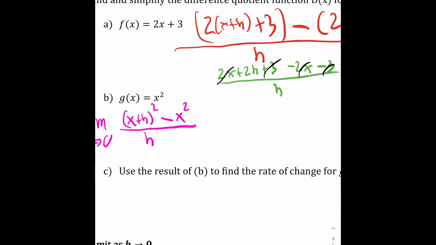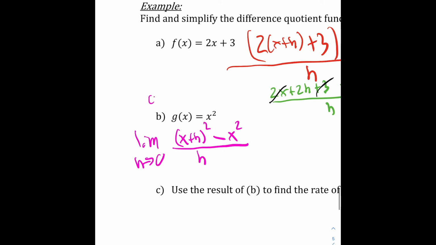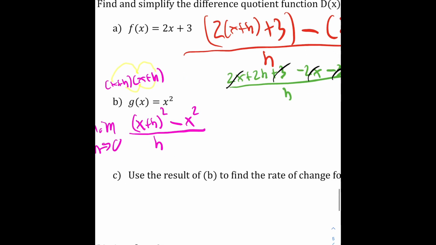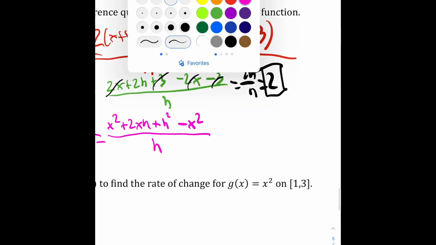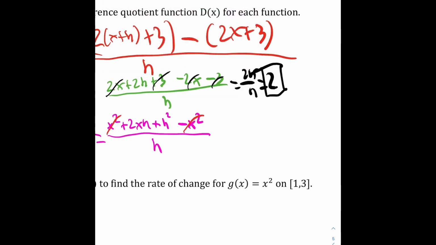So again, how do I get x plus h squared? That's x plus h times x plus h, multiply. That's so big. Let's see here. Multiply, multiply, multiply, multiply. I get x squared plus 2xh plus h squared minus x squared all over h. What can we simplify? x and x.